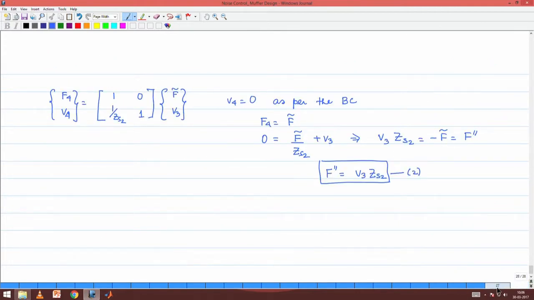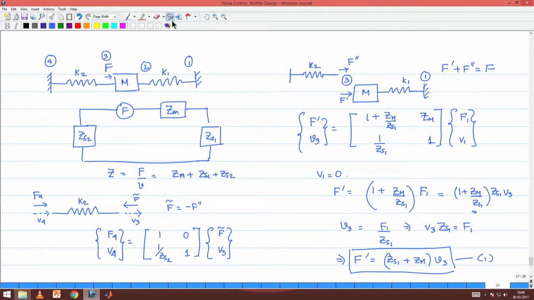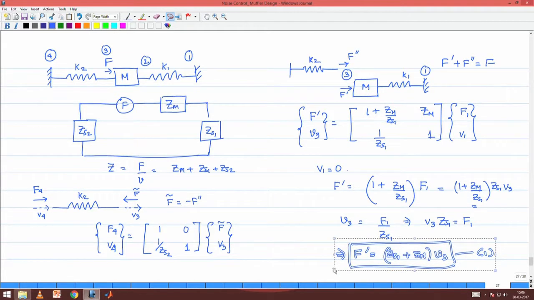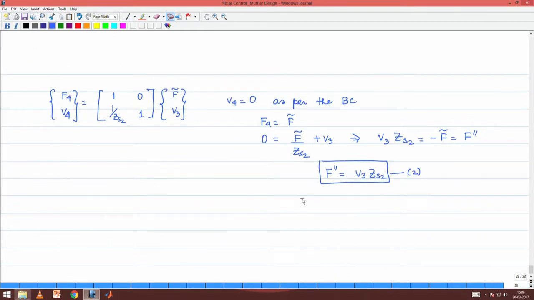If we put both of these side by side and then add it up, it will be easy to see that the drive point impedance is again matching. Okay. So, this is equation 1.